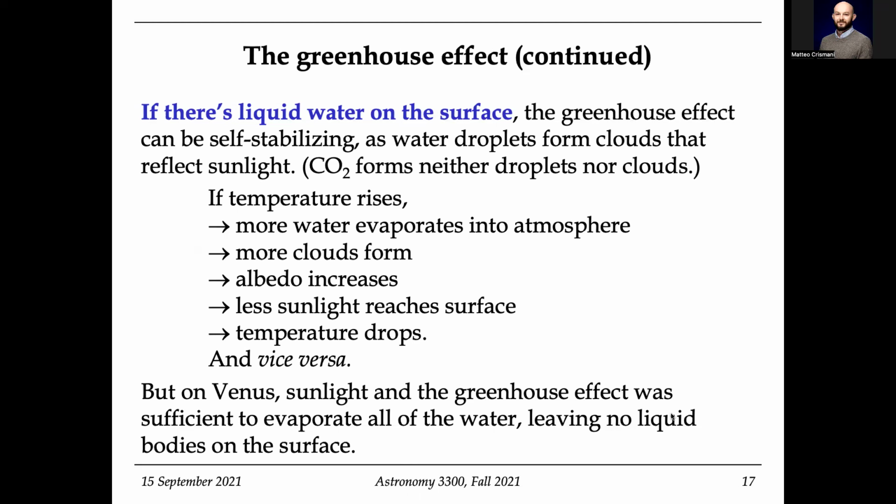Likely on Venus, the same thing occurred. Remember, we have to draw a picture. Venus's atmosphere. Here's altitude, here's hot. And let's follow the path of a lone baby water.